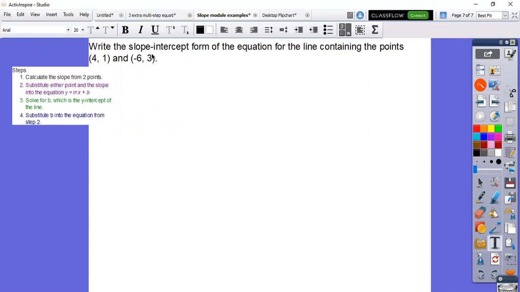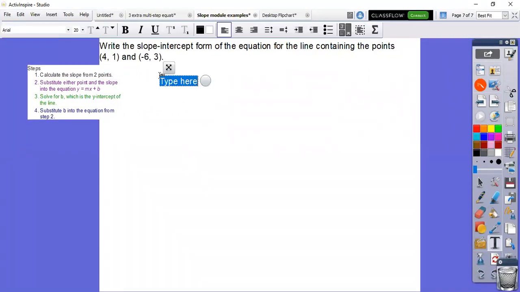Okay, so I'm going to move this over so I have some extra room. Step 1, we have to find slope. Again, y2 minus y1 over x2 minus x1. That's your formula for slope.